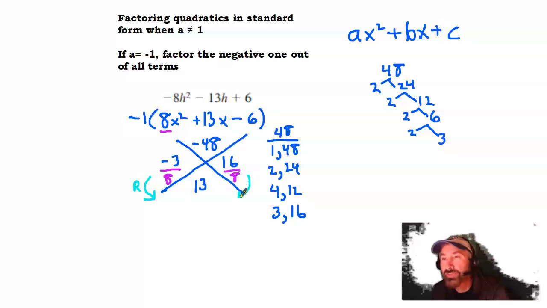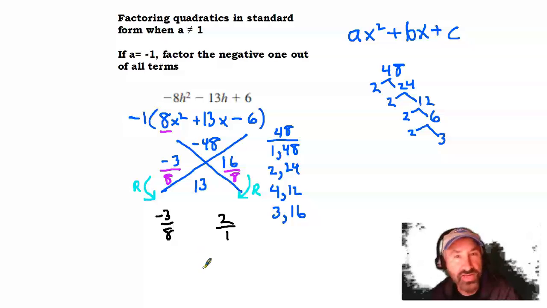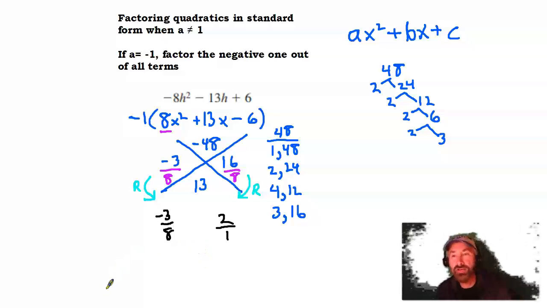And if possible over here, you will reduce. Let's write those out in their reduced form. -3/8 can't be reduced, so it's -3 over 8. And 16 over 8 certainly can be reduced down to 2. And just to be safe, I'll make that 2 over 1, because I'm about to write out the factors and I want you to see how I got them.